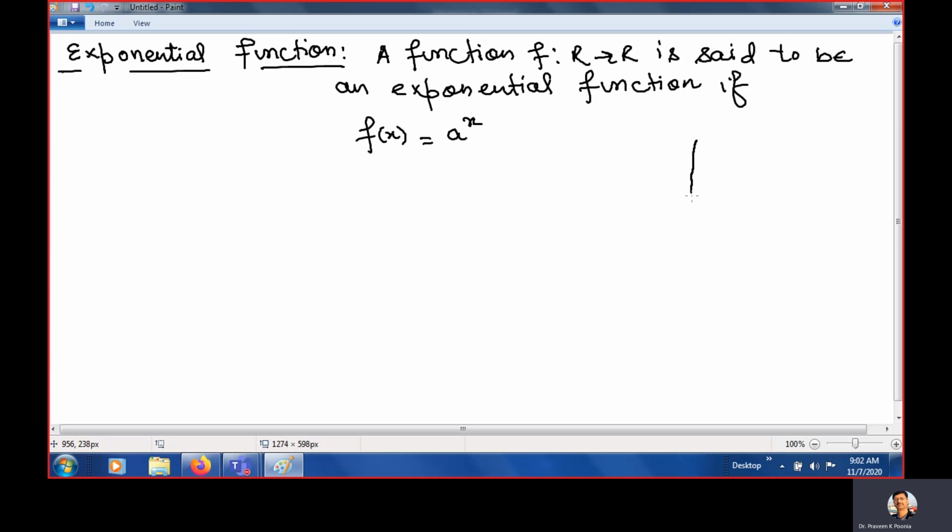What is the domain of this function? The domain of this function is R. What is the codomain of this function? The codomain of this function is R.